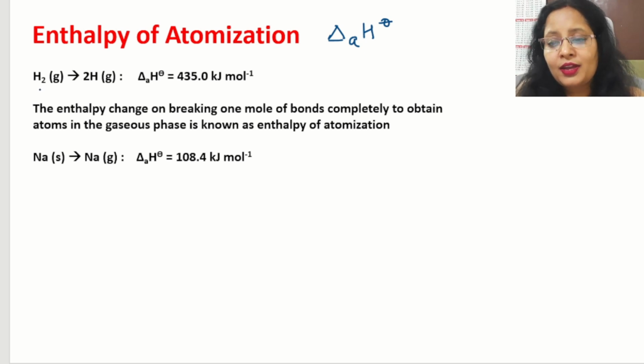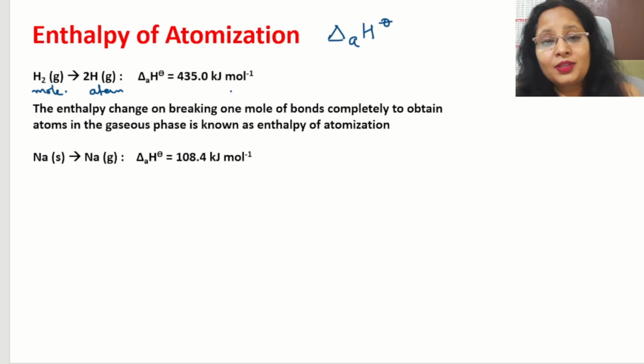Here we have a hydrogen molecule in the gaseous form and it gives two hydrogen atoms. This is the molecule and these are the atoms. The change in enthalpy is 435.0 kilojoule per mole.